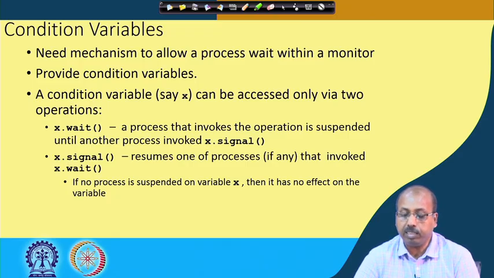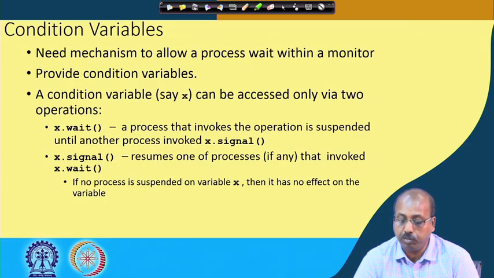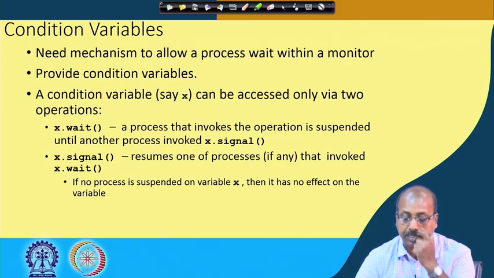A condition variable can be accessed only by two operations: the wait operation and the signal operation. With x.wait, a process that invokes this wait operation is suspended until another process has invoked an x.signal operation.